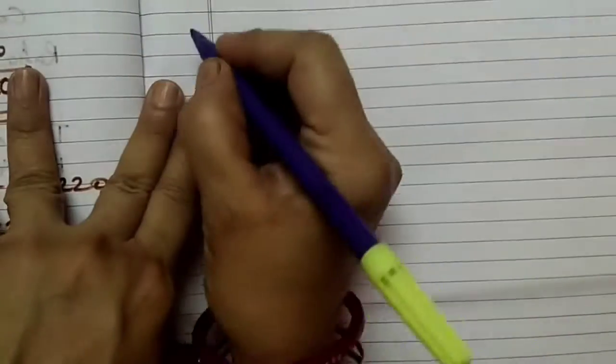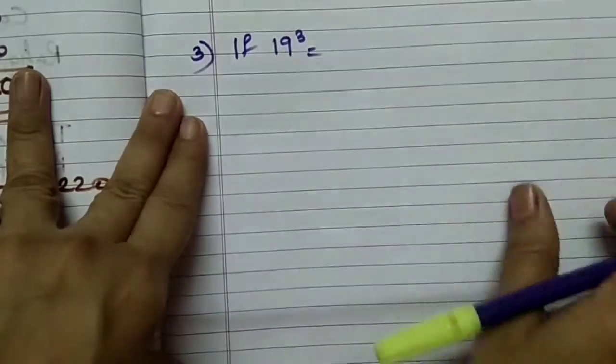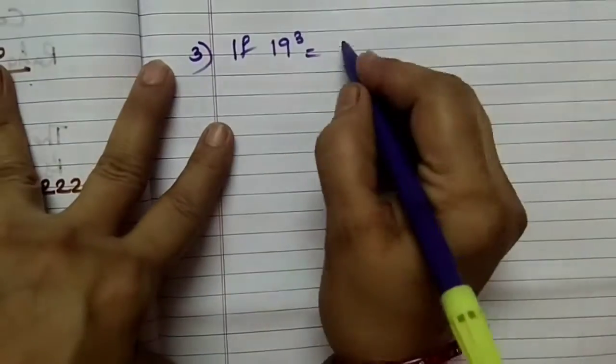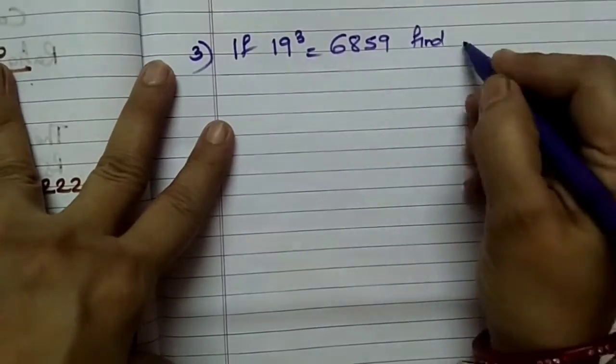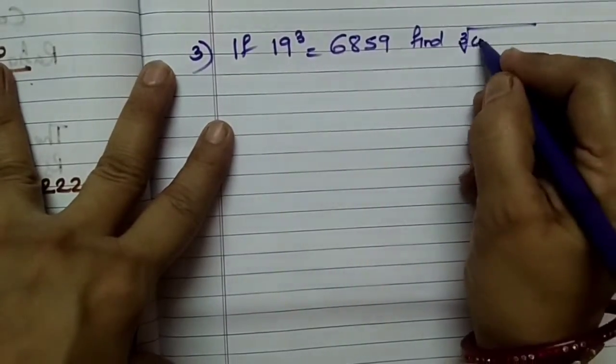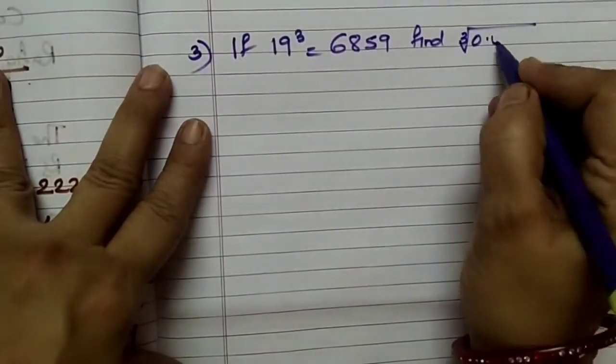This is sum number 3. If 19 cube is equal to 6859, find the cube root of 0.006859.